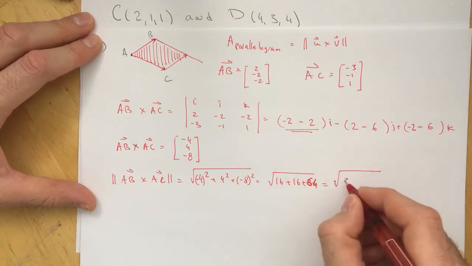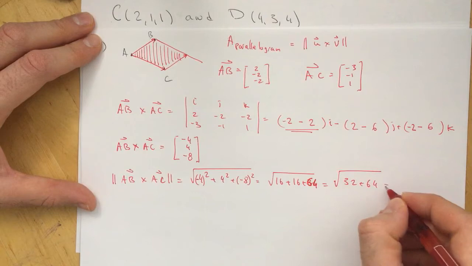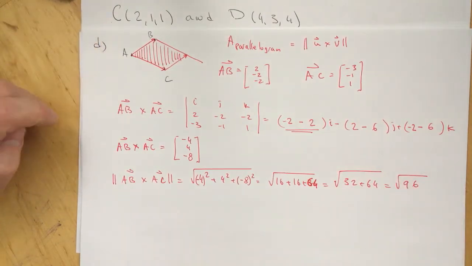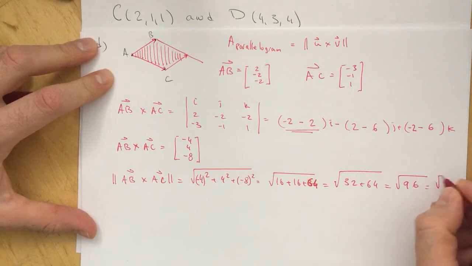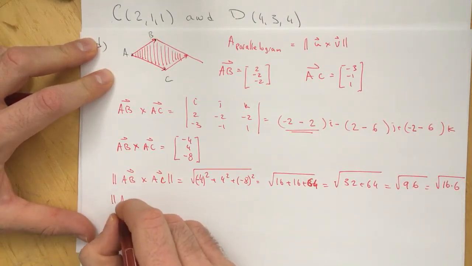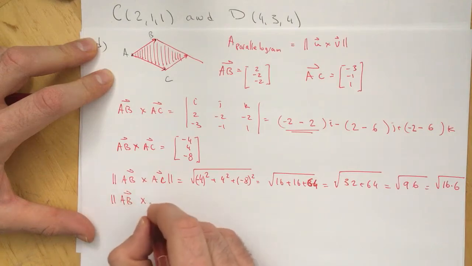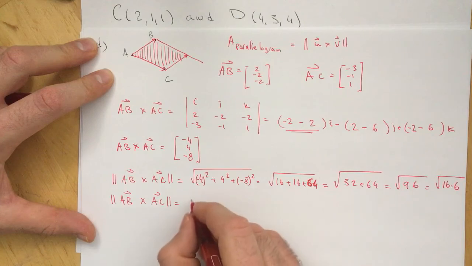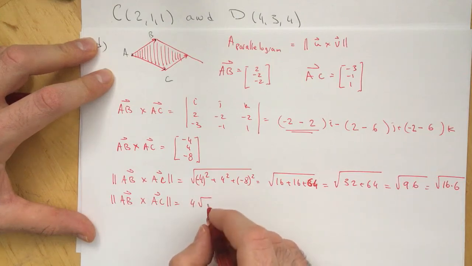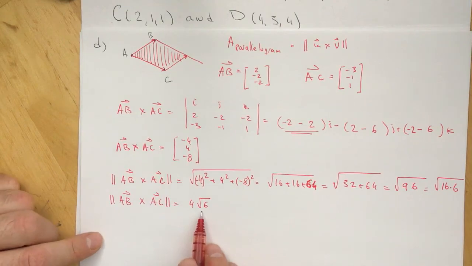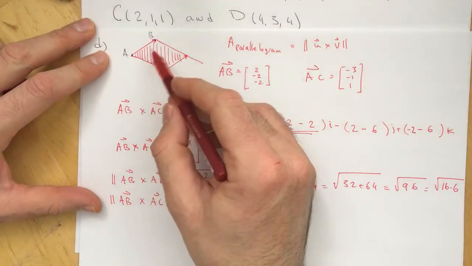That's square root of 32 plus 64. That's square root of how much? 96. Now 96, if I'm not mistaken, is square root of 16 times 6. So the magnitude of this vector is equal to 4 times square root of 6. So 4 times square root of 6, right, is the area of the parallelogram.